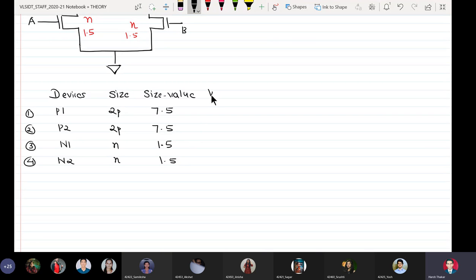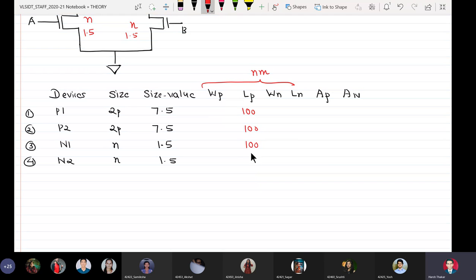Then WP, LP, WN, LN, AP, AN. As usual, 100 nanometers.